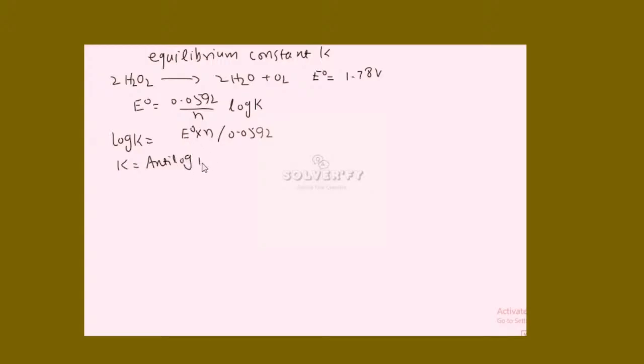E naught is equal to 1.78 volt multiplied by n. n is the number of electrons lost or gained in the reaction, which is equal to 2, divided by 0.0592. K is equal to the anti-log.